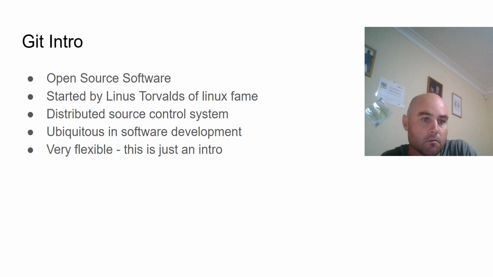It is a distributed source control system, and what that means is that you can keep your source code and your history and distribute all of that information to other software developers.